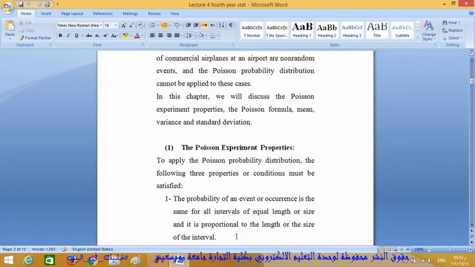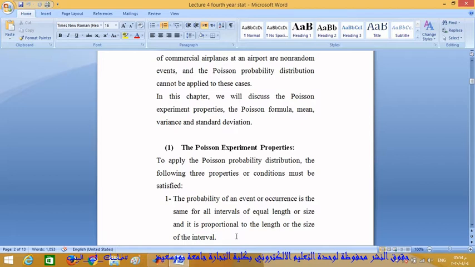Okay, so you have to know that the probability of an event is constant for an interval. So if this interval changes, you must change the number of events during the new interval.